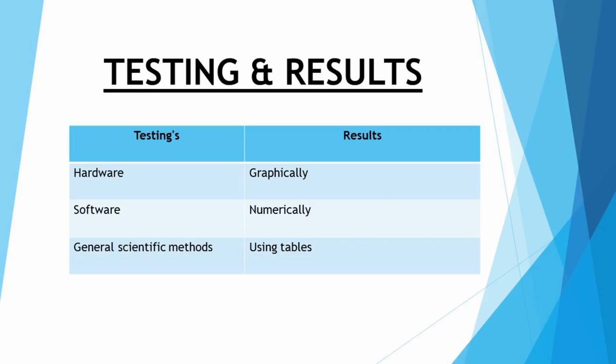So make sure you write a proper testing and results chapter for your thesis, because you will gain marks if your testing and results are good. It doesn't matter whether your testing failed or not, whether you got a result or not, you just add whatever procedure you used to test and whatever results you obtained.